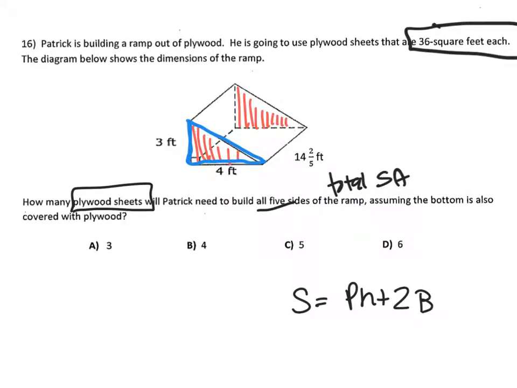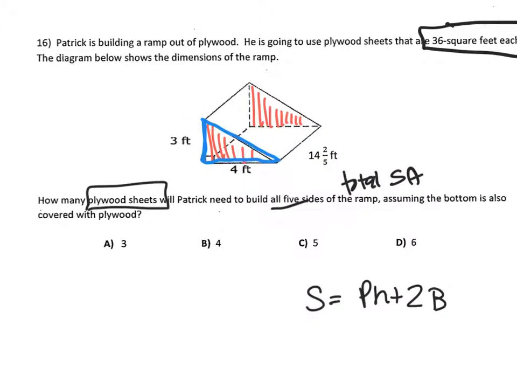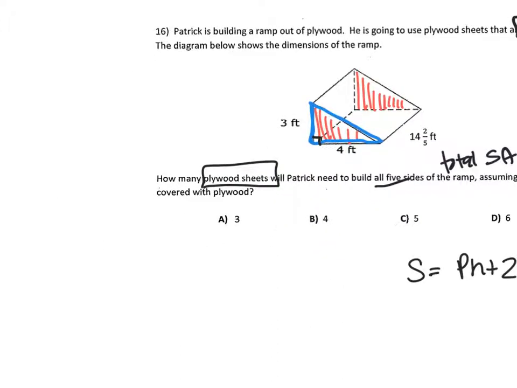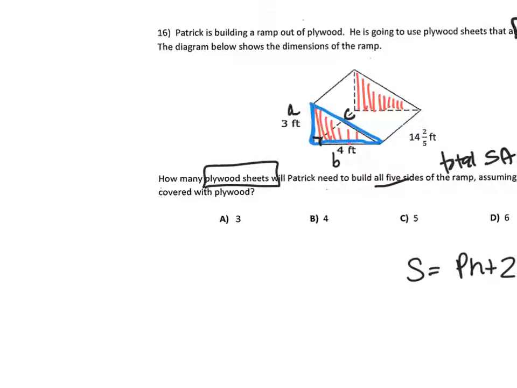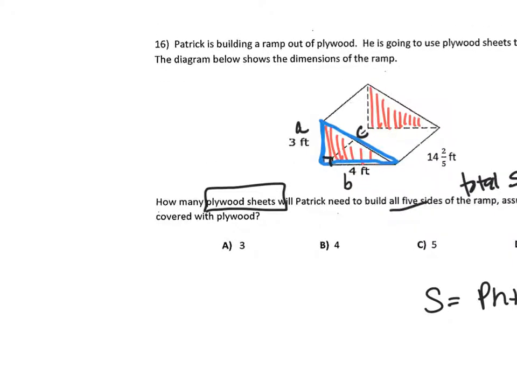But think about Unit 8, and if you were given just this problem, ignoring everything else, how would you solve for that third length of the triangle? It's a right triangle. What would we do? Think about this as A, B, and C. We'd have to do the Pythagorean theorem. Okay, so A squared plus B squared equals C squared.